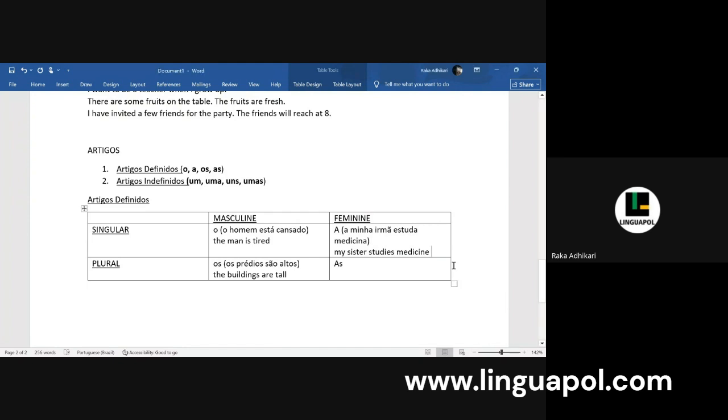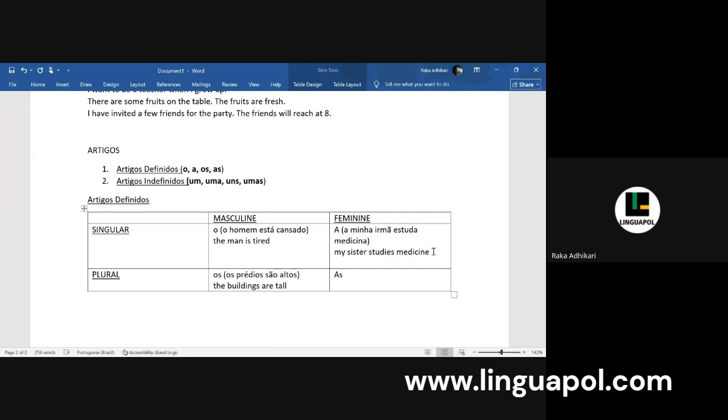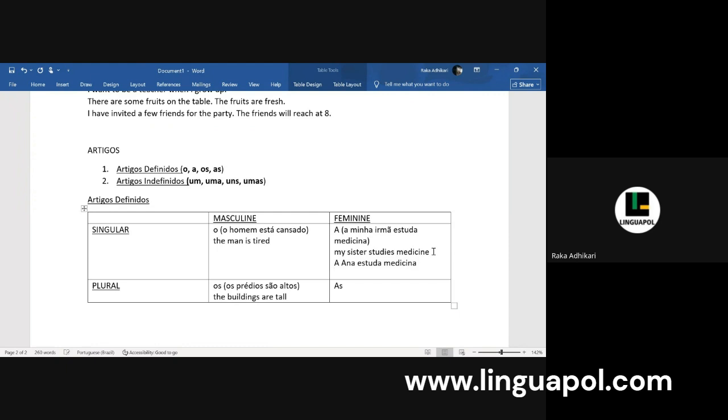Okay, I'll give you another example, and both of them use the same logic for why we are using the definite article. Let's understand this. If I say, a Ana estuda medicina, why are we using the definite article here? Although we do not use this article in English, we don't say "the Ana", but in Portuguese, a Ana means the Ana.